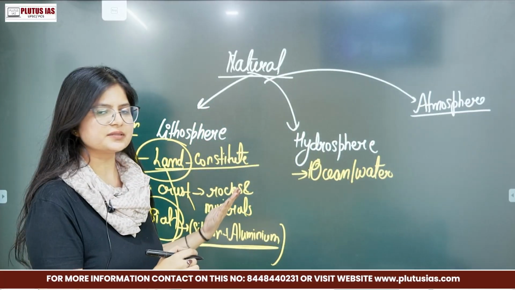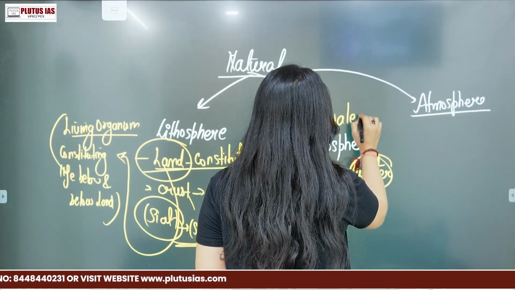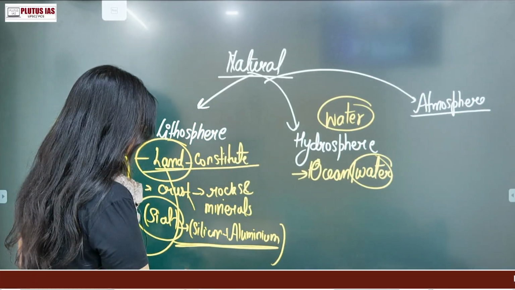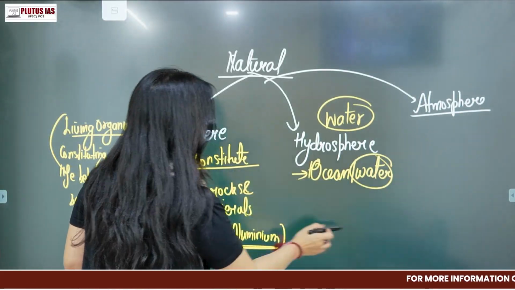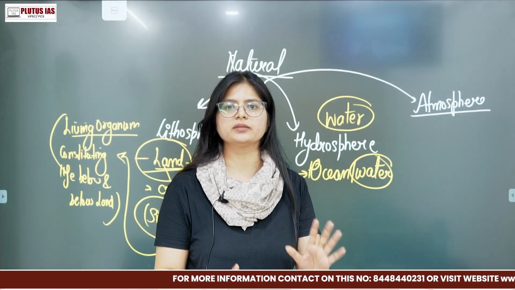What is the water consisting of? We think that if we are talking about the hydrosphere, we are talking about only oceans, but that is not the case. We talk about hydrosphere or water in every form which is existing on the surface.